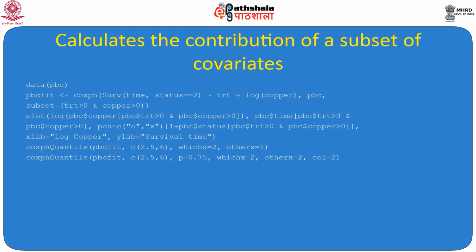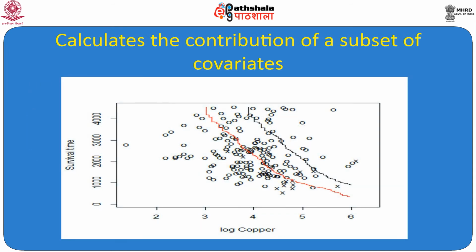In both cases we have used the pbcfit, and for the second one we give a different color, color equals 2, while for the first one we didn't put any color, so it will give the default color. We have seen earlier how to put the coxph. Let's see the graphs.